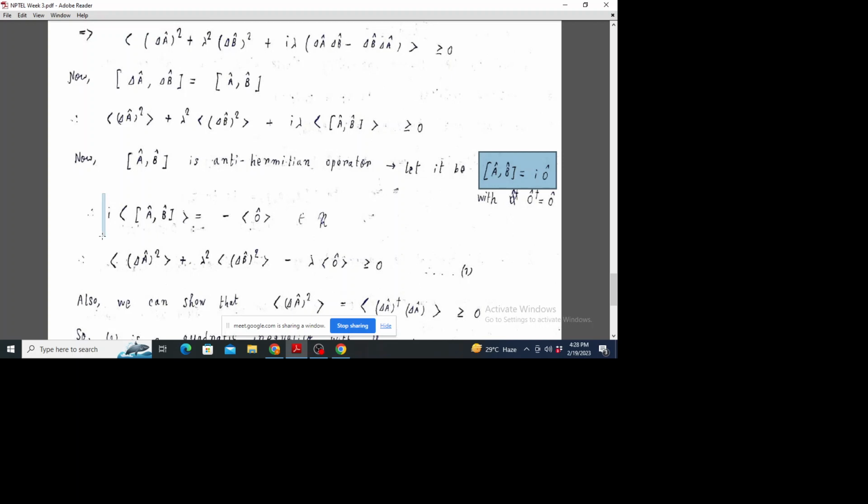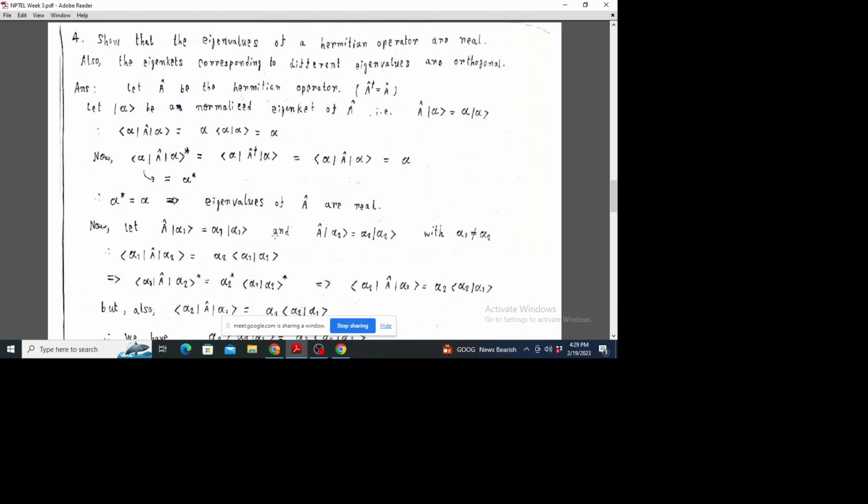Thus we see this expectation value. The expectation value of this commutator [A, B] multiplied by i will be equal to, of course, minus the expectation value of O, right? And O is a Hermitian operator, and we know that the expectation value of a Hermitian operator is real.